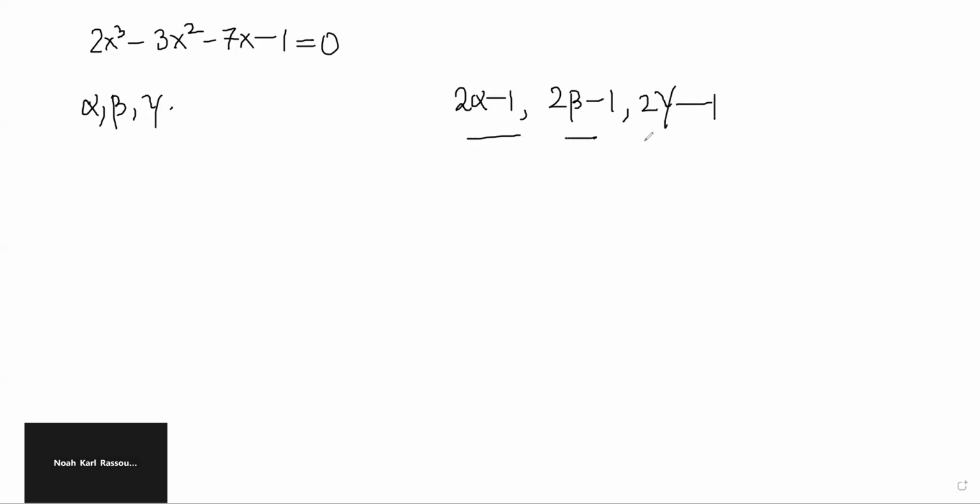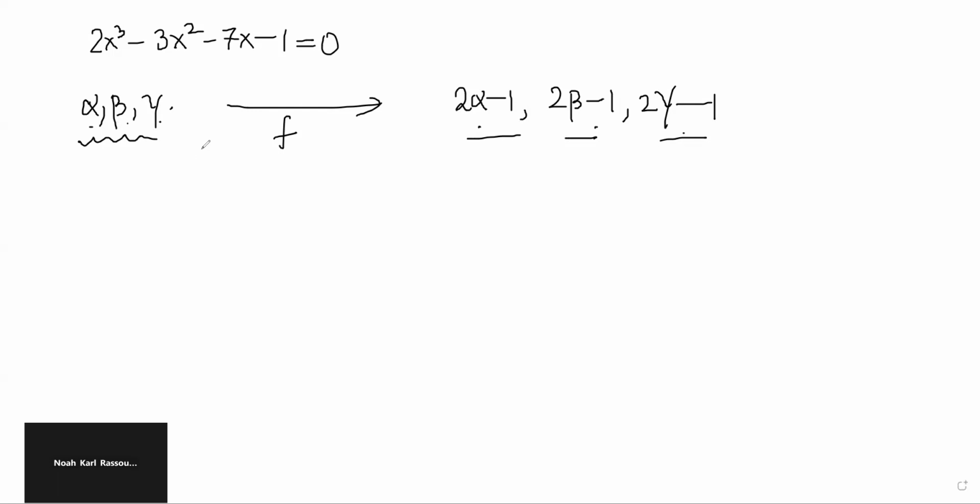Obviously, the method won't work if one root is like this and another root is something else. This method only works if you apply the same transformation to each of the roots. It can't be that I change only one root and leave the other roots as they were. That is not possible.